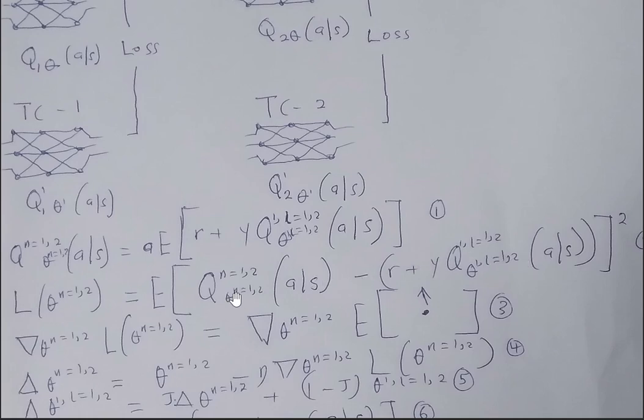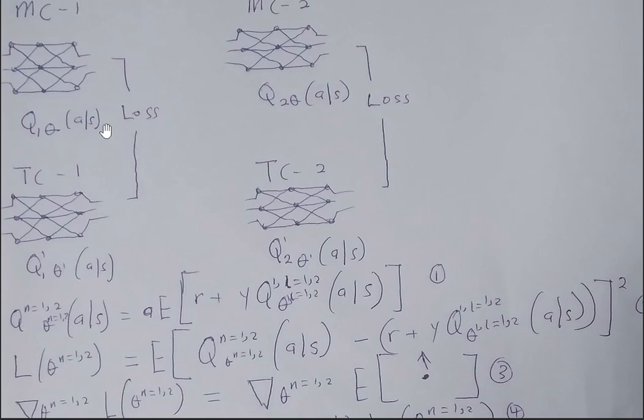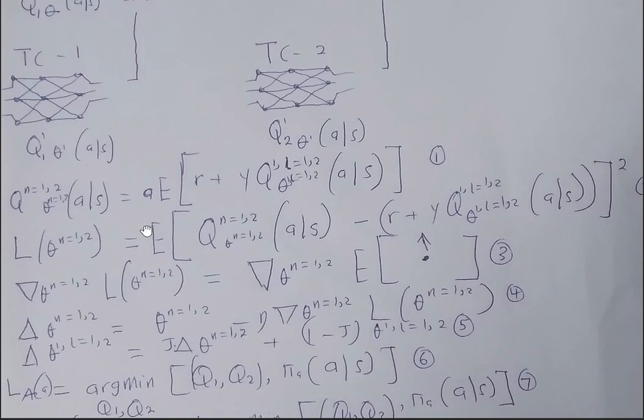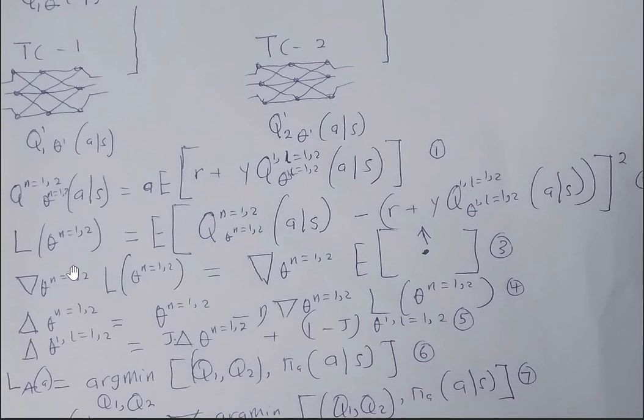So how do we achieve the next weight for this network to perform training? We achieve it through stochastic gradient descent. We take the gradient of this loss value with respect to theta.